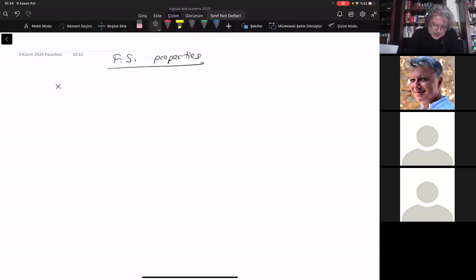So we have x of t, and I'm going to use this notation. Take note of this. This is the notation that I'm going to use, a double arrow. And I will say on it, Fourier series, for example. So there is a Fourier series relation between x of t and, let's say, ak.